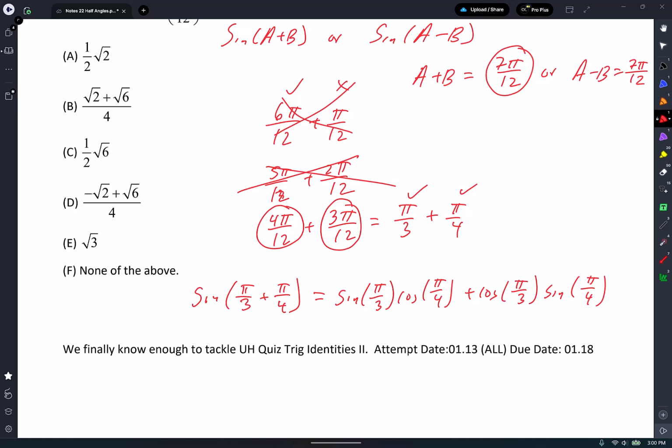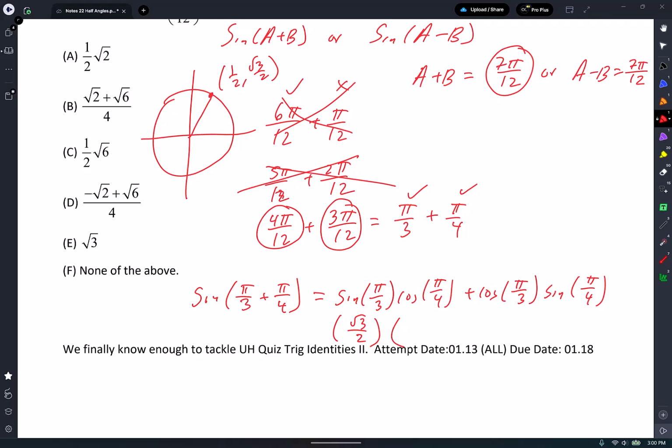And here comes the unit circle. I'll write it in the bottom. What is sine of pi over 3? You guys need a reference unit circle? Pi over 3 is right here. No, sine's the y value. So it's going to be square root of 3 over 2.